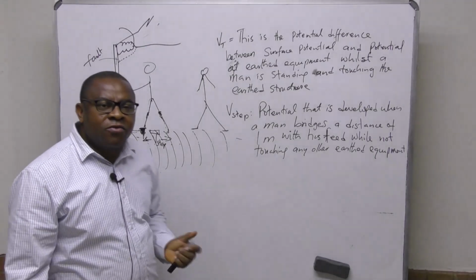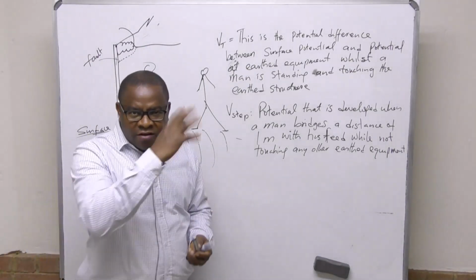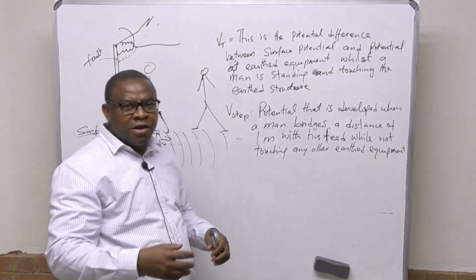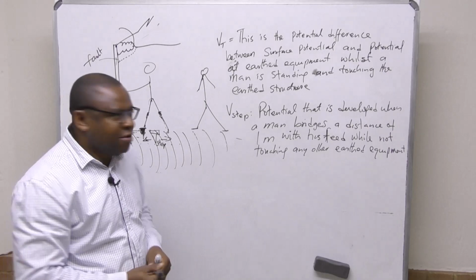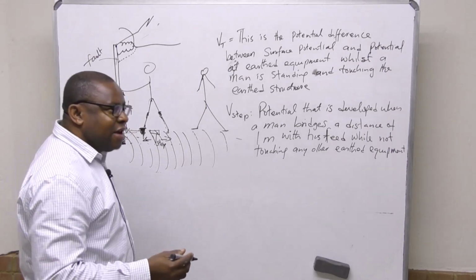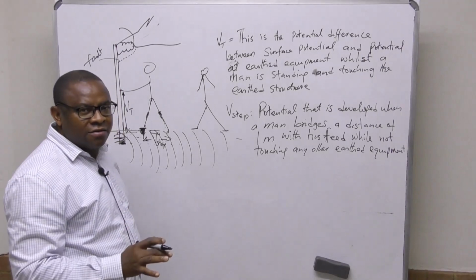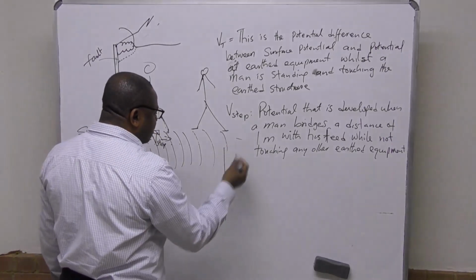Do you know this is the reason why, in the farm, when lightning strikes, let's say a tree or a structure, you will see the animals just die sometimes. It doesn't mean that the lightning struck the animal directly.